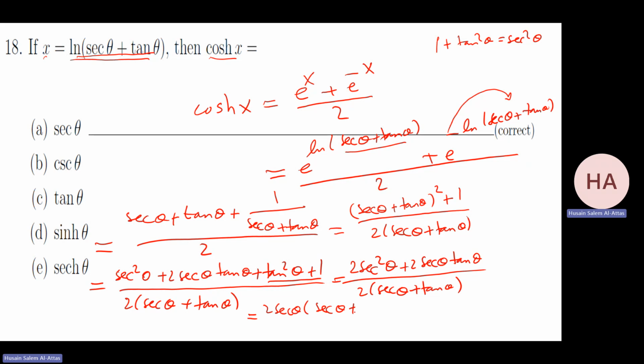So I have secant theta plus tan theta, all of this over this. This is cancelled. This is cancelled. I'm getting secant theta. Just this. Calculation, be careful. I need space to do it.